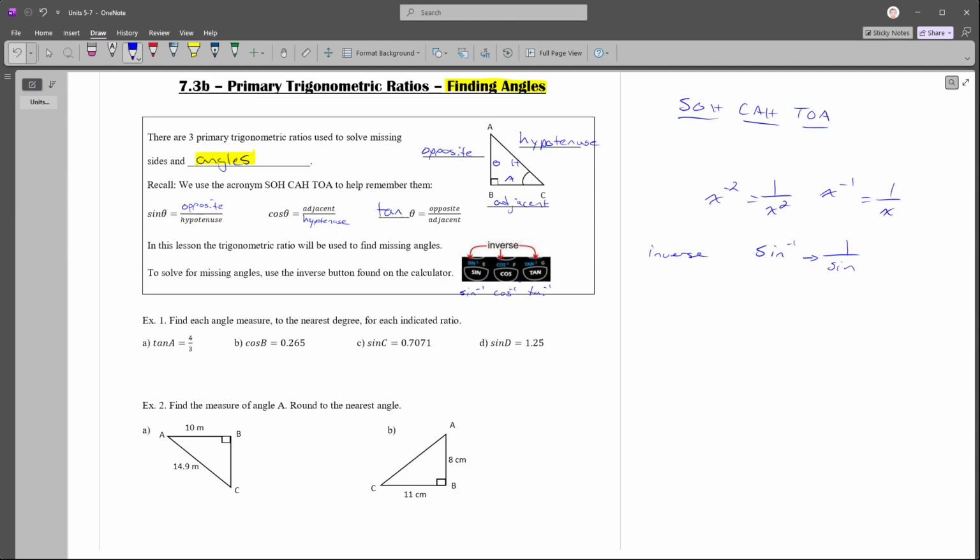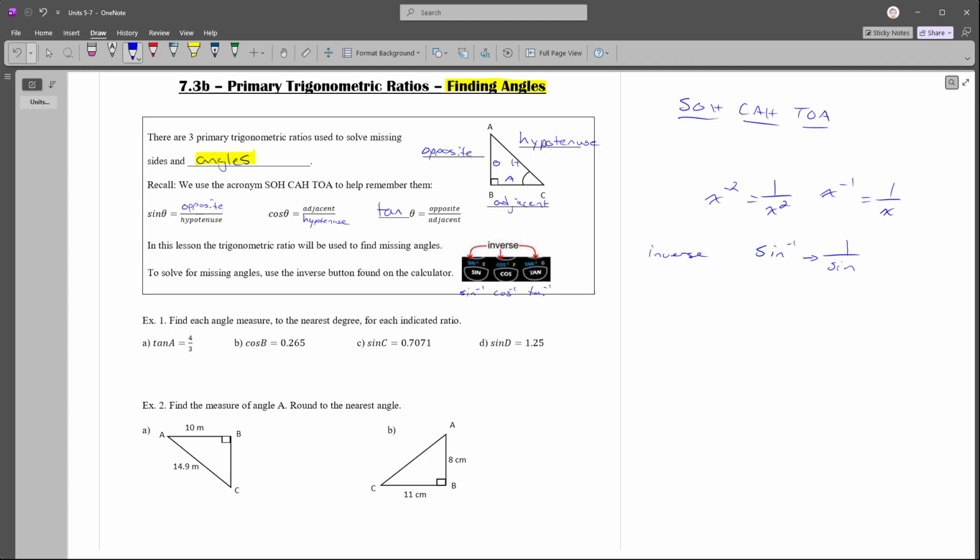Okay. Now, for simplicity purposes, most of us just call it the inverse trig ratio. So inverse sine, inverse cos, or inverse tan. But that's not actually accurate. It's not correct.